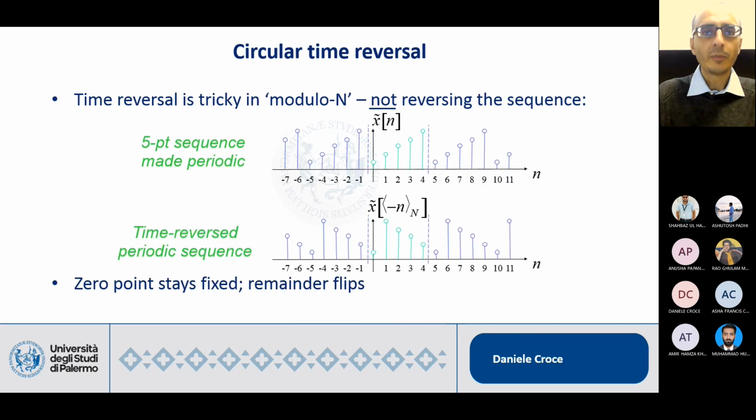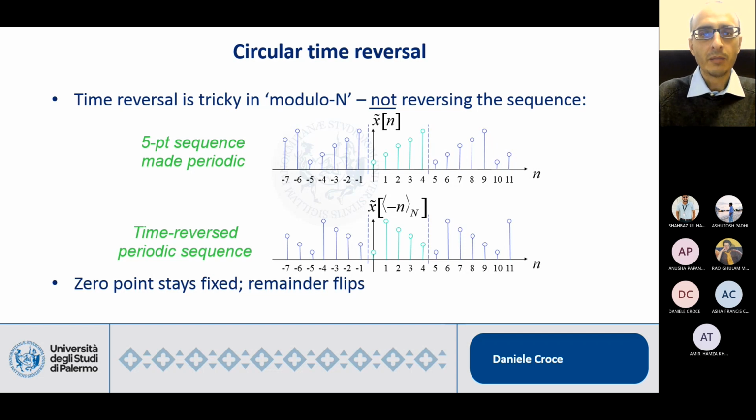And you have to be careful, because a circular time reversal is tricky, because the point in the middle doesn't change. The point at 0 does not change. So time reversal is not simply reversing the sequence when you're looking modulo N. What you see at the top is the periodic sequence of 5 points.